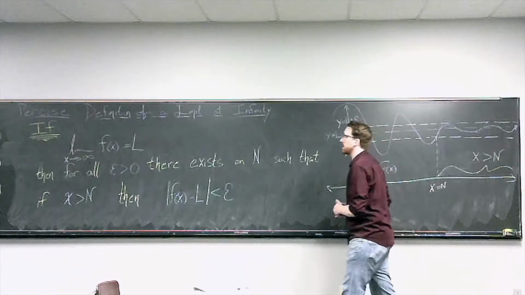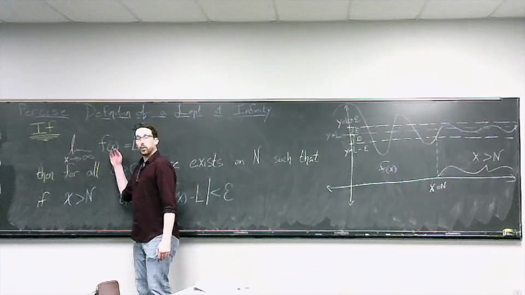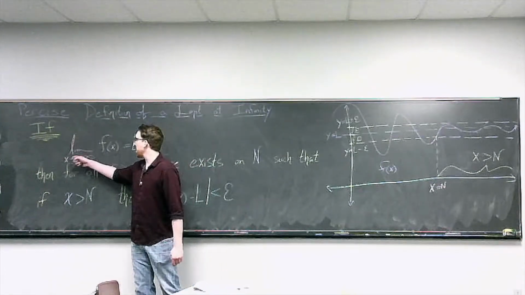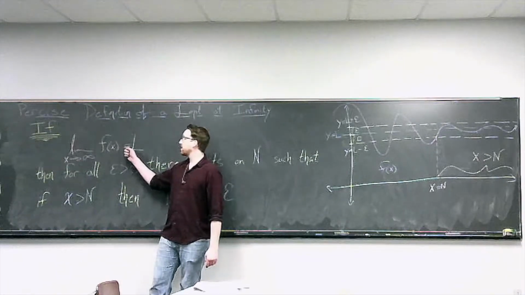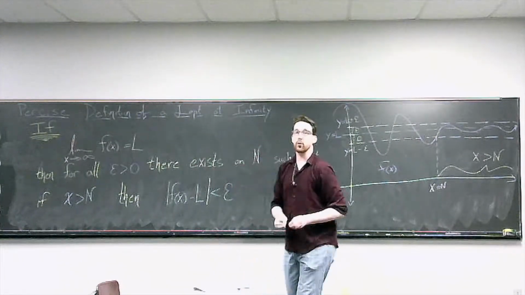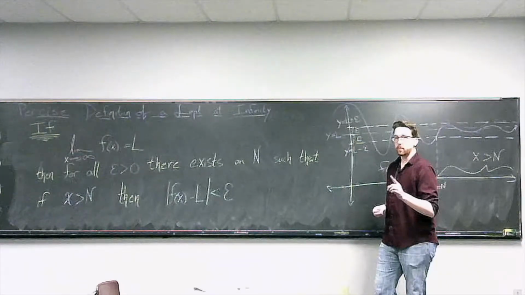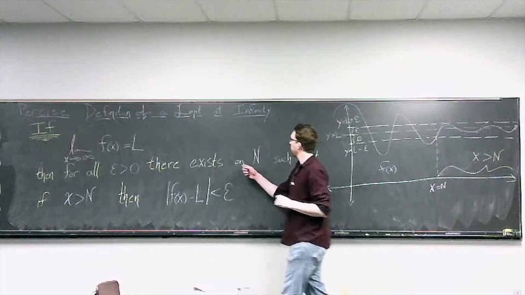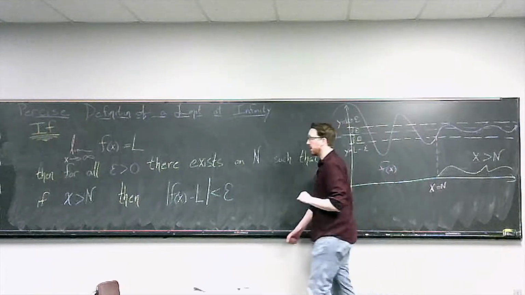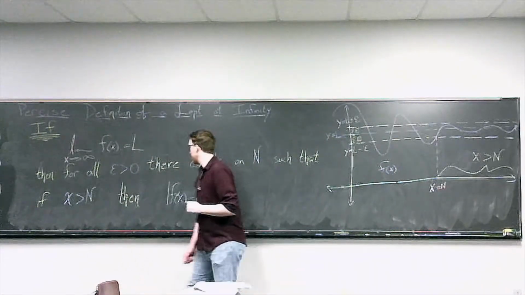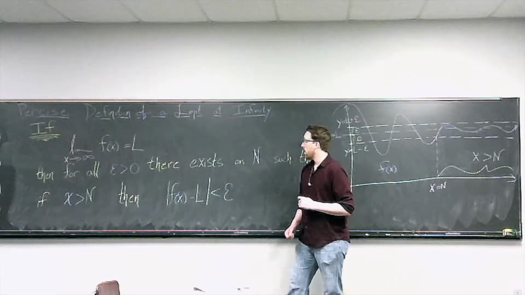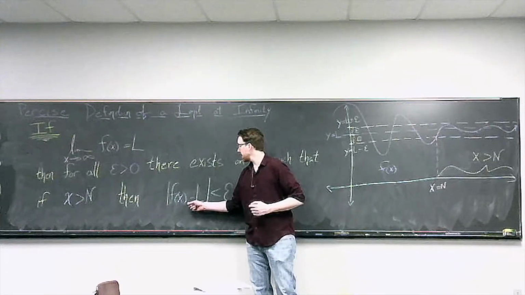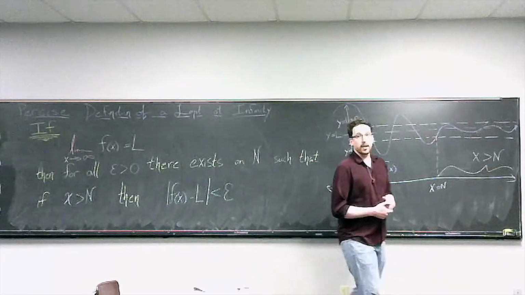So what it tells us is that in order for the limit as x approaches infinity of f of x to be equal to L to be true, then for every epsilon greater than 0, there's an n such that if x is greater than that n, the absolute value of your function evaluated at some x greater than that n minus L is going to be less than epsilon.